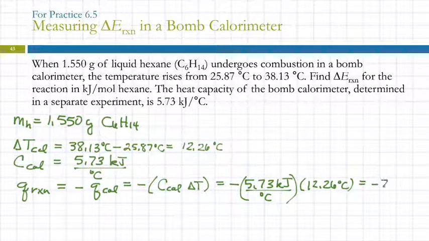So negative 70.2498. So 3 sig figs, and what happens with the units? Degrees Celsius cancel out, and so the unit here is kilojoules. The calorimeter absorbed 70.2498 kilojoules, and the reaction lost that.